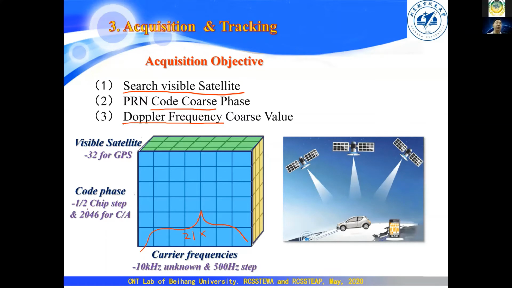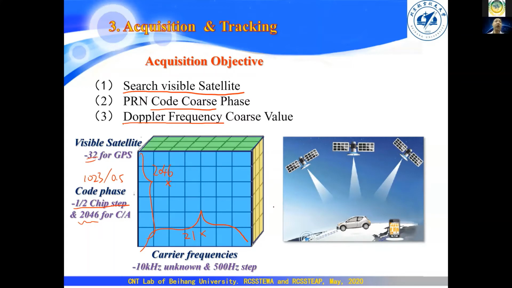For the code, it is like opening a keyhole with your key: you need to go step by step, chip by chip, to open the door. Similarly, GPS needs to search the code in half-chip steps. With 1023 chips, that is about 2,000 possibilities, 2046. And this is for 32 satellites.